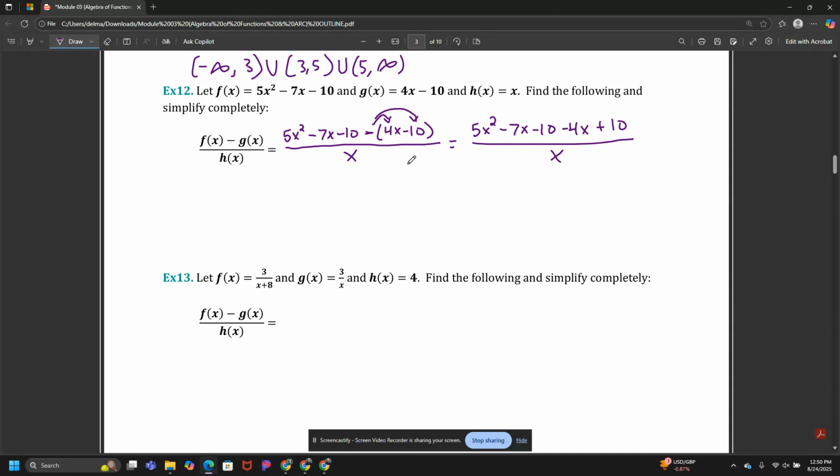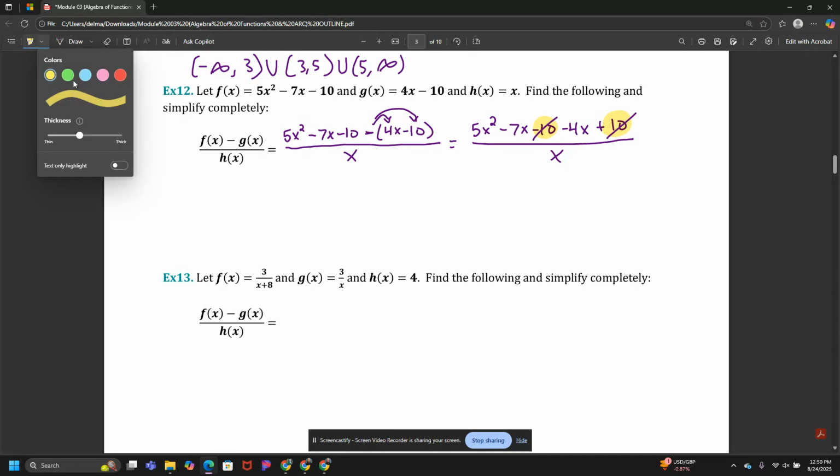Okay, now let's combine these like terms. This and this will add to 0, right? So I can just strike through those, really.